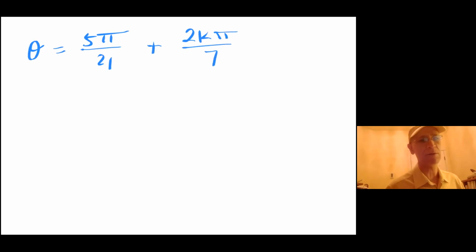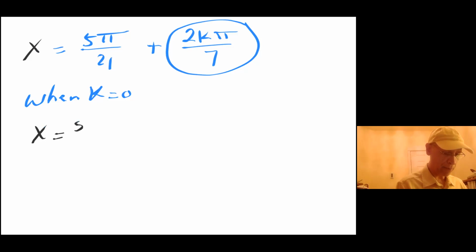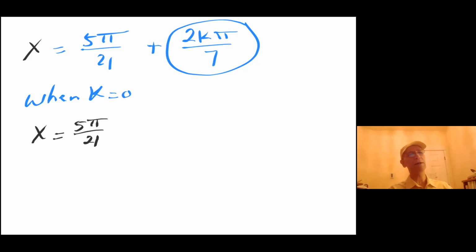When k equals 0, this part is 0, so I only have, I apologize, I should have kept using x. When k equals 0, x equals 5 pi over 21. So 5 pi over 21 is the answer to the first part of this question, part A.